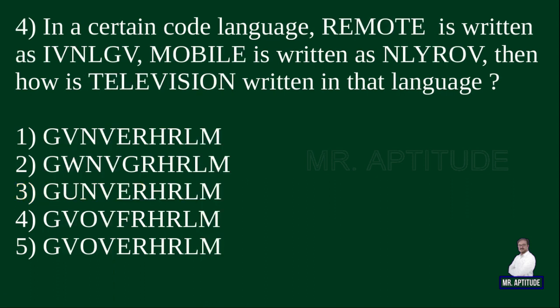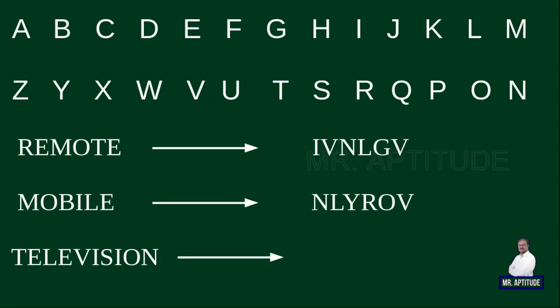Now let us look at question number 4. Let me write the question this way. You are given the alphabet here, A to Z. These letters are opposite letters. Each and every letter is coded as its opposite letter.